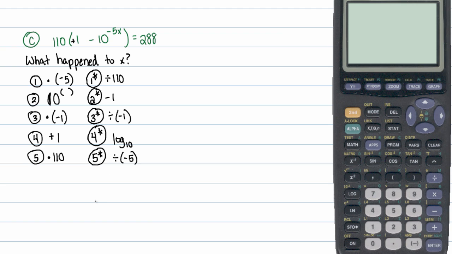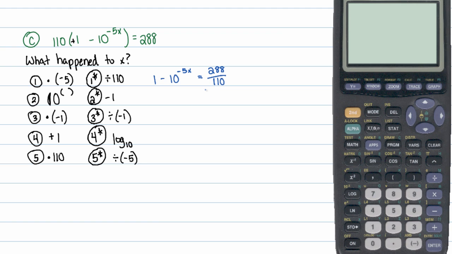Now let's see what happens with each of these steps. So I'm going to do this in blue this time. If I take this business right here and I divide both sides by 110, I will end up with 1 minus 10 raised to the negative 5x is equal to 288 divided by 110. Notice that I didn't simplify that fraction because I know I'm going to be grabbing a calculator.